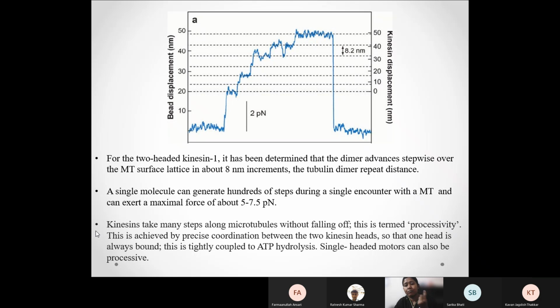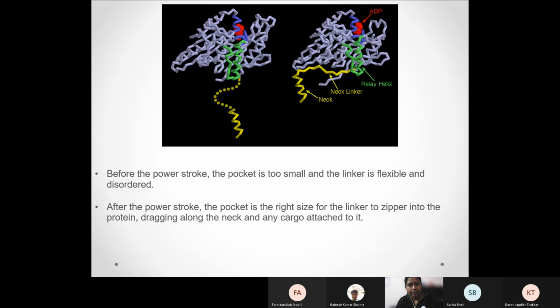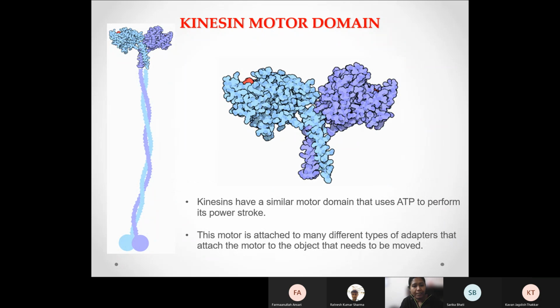Now you have a kinesin motor, and you have been able to add the bead to the end of the kinesin motor that usually binds to the cargo, such that the motor end is now free and it can bind to microtubule and walk on microtubule.